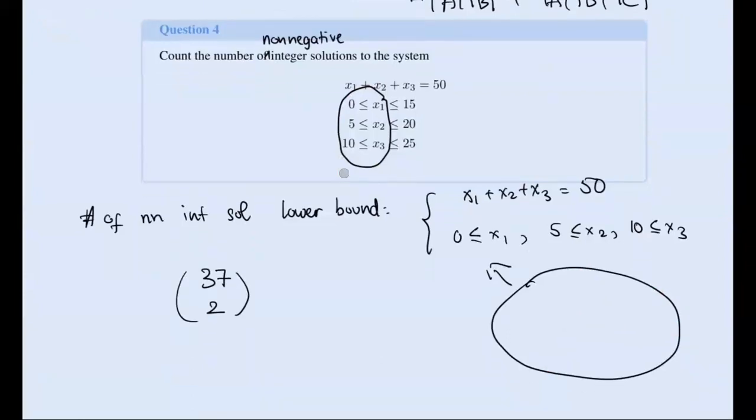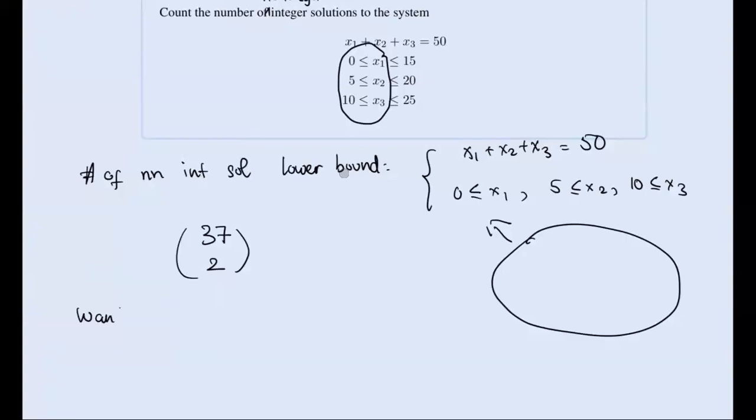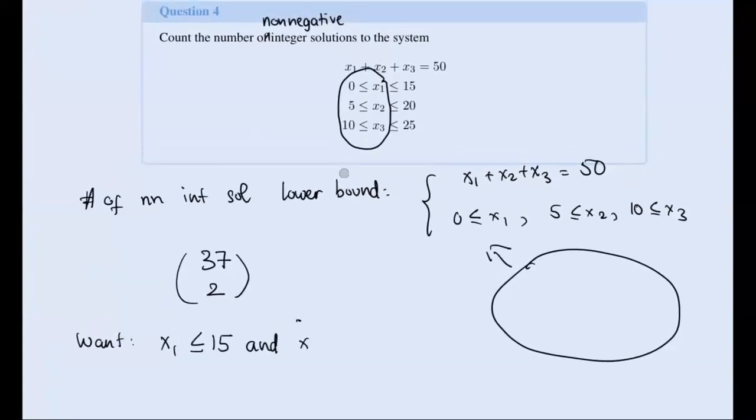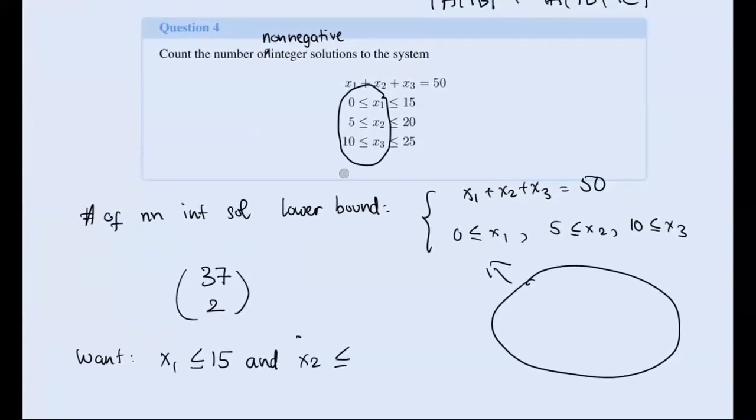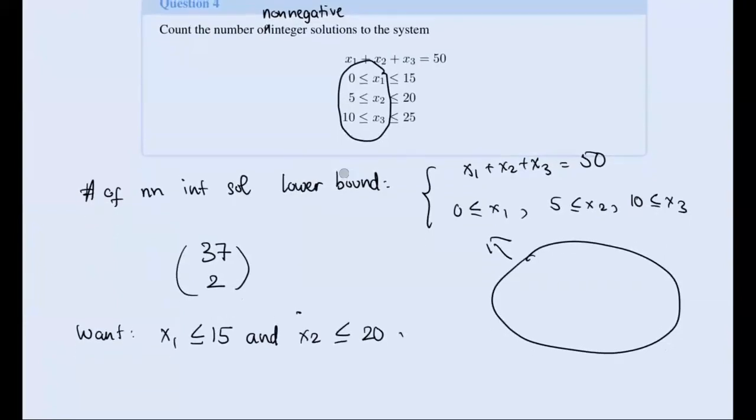We can have that. So right now we want x1 less than or equal to 15, x2 less than or equal to 20, and x3 less than or equal to 25. However, you will see that calculating the number of solutions that satisfy all three at once is not straightforward.